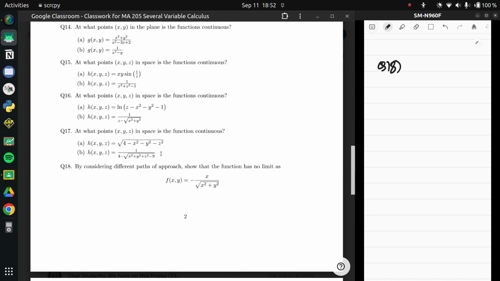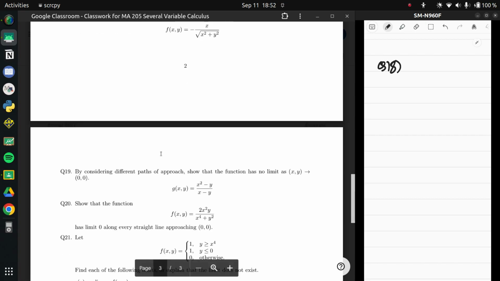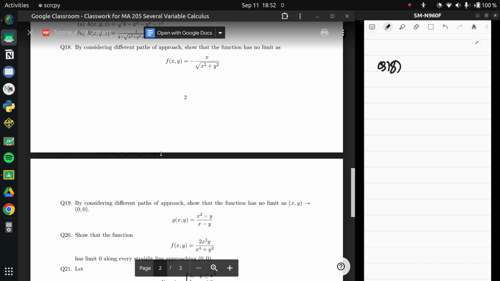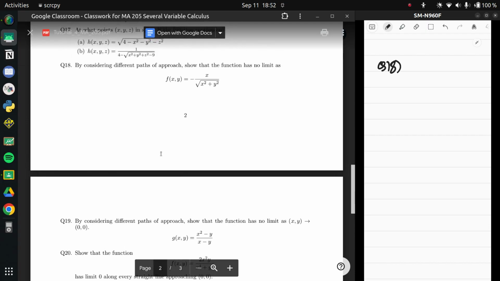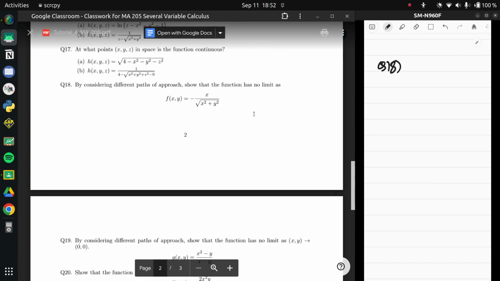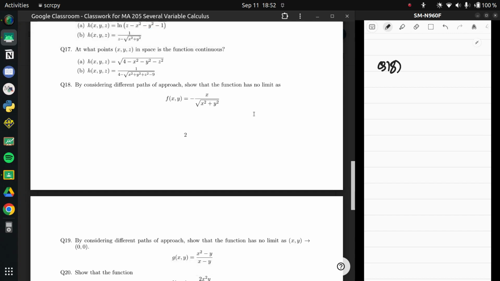Let's just consider the case where... wait, what? So as what? I'm assuming as x and y both tend to 0, 0. So if we just say that x is set to 0 and y is tending to 0, consider the path.